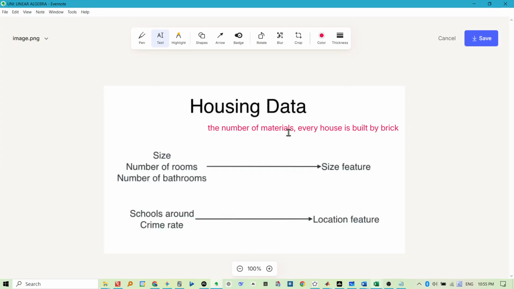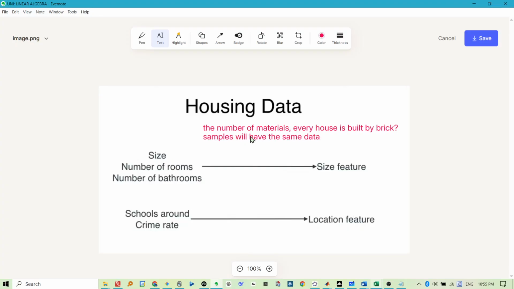It's built by brick, so a very large number of samples will have the same data. If we describe the house by the number of materials, when every house is built by brick, it's just a fantasy, but just assume that every house is built by brick, the samples will have the same data.